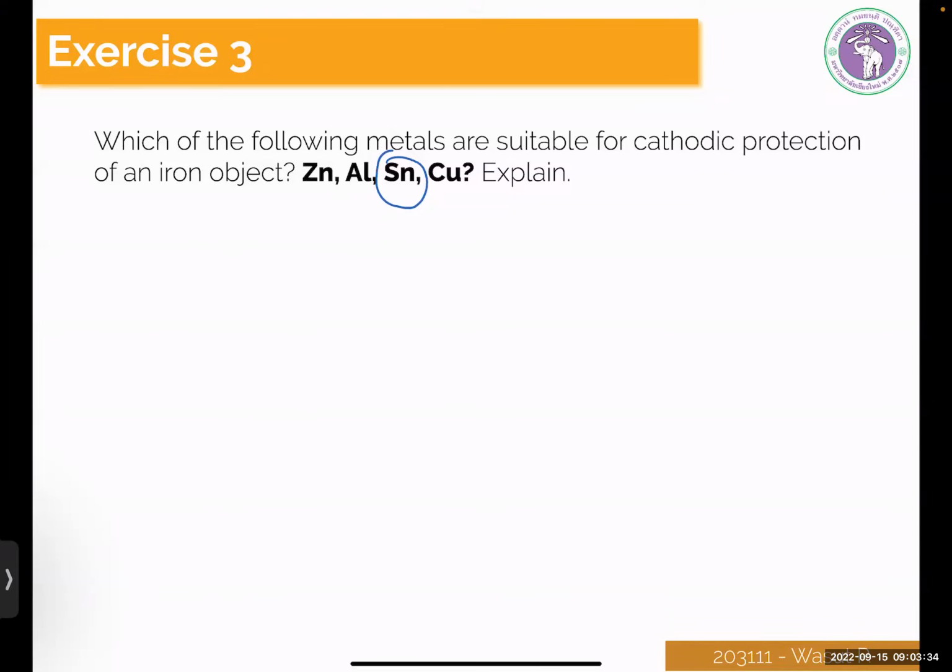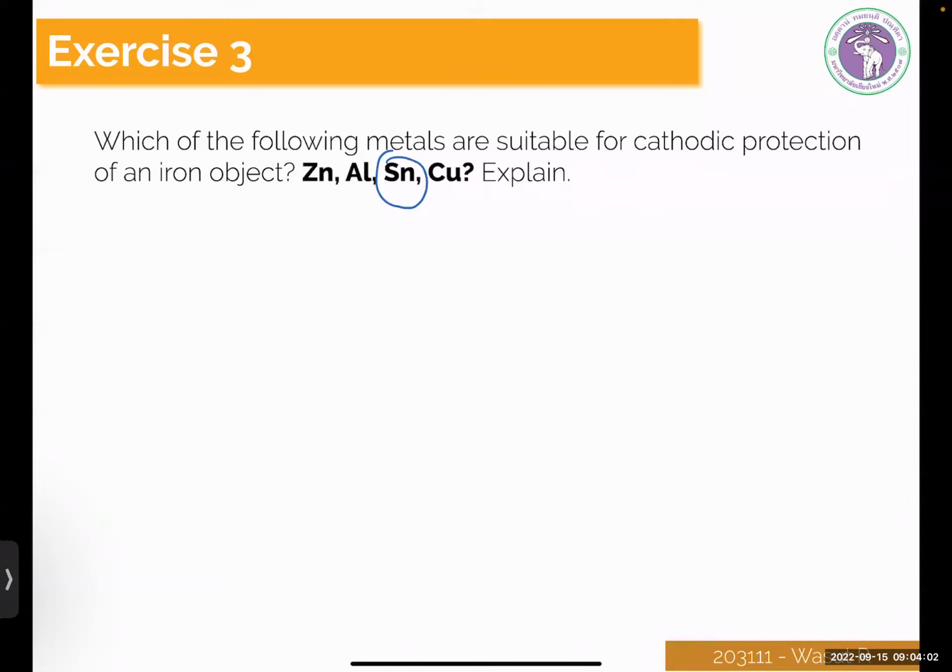Why? Because iron has a lower E° than tin, right? One is minus 0.1 something, but iron is minus 0.4 something. That's lower, right? So if you put iron along with tin, iron will rust, tin won't rust at all. Tin will just stay like that, letting iron rust away happily. And you don't really want your iron to rust, right?